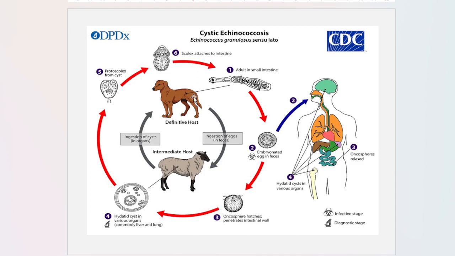And the difference is, if we compare it with nematodes, the eggs of nematodes, particularly Ascaris and also Taenia, they need embryonation in the soil for them to become infective. But here for cestodes, it's different.